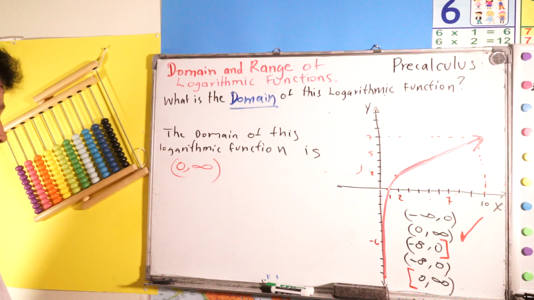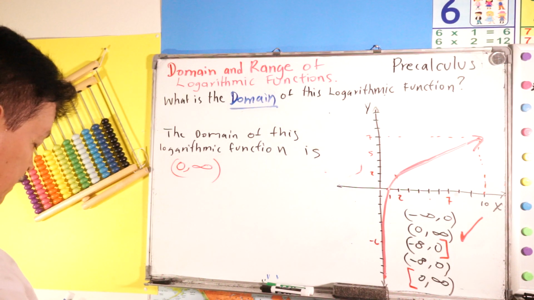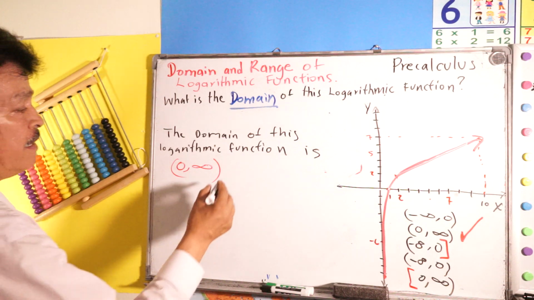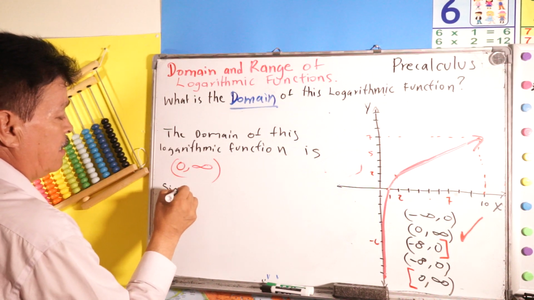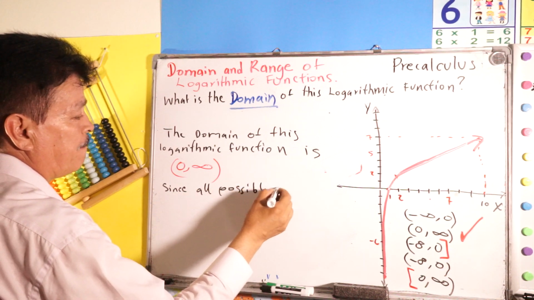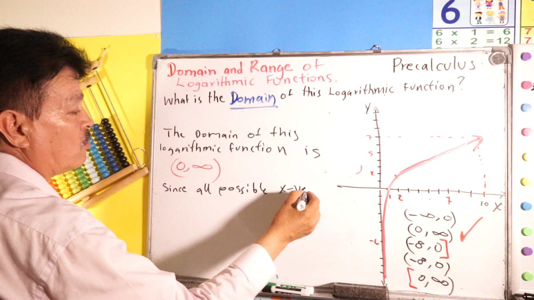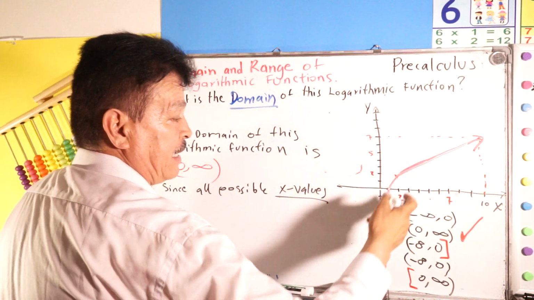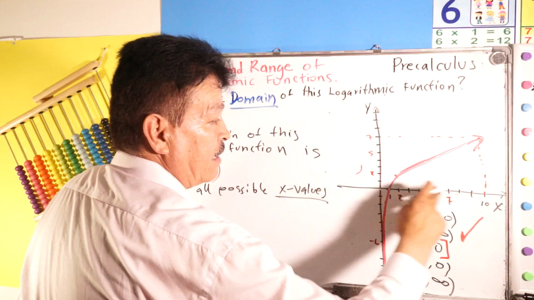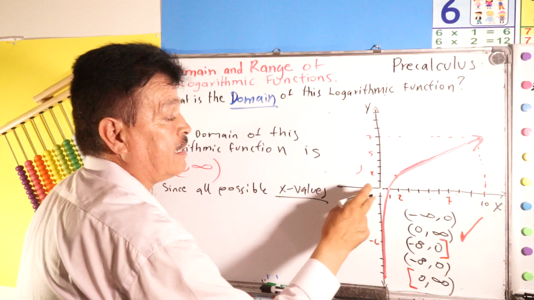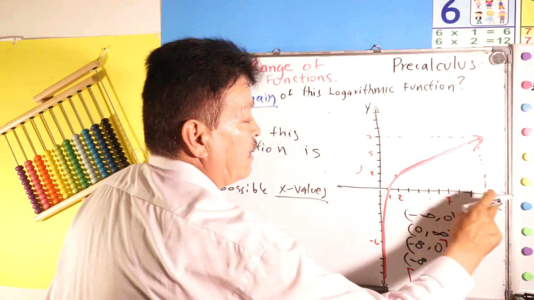That's the right answer. Why? Since all possible x values, remember, look at this, the x-axis is running in this way.